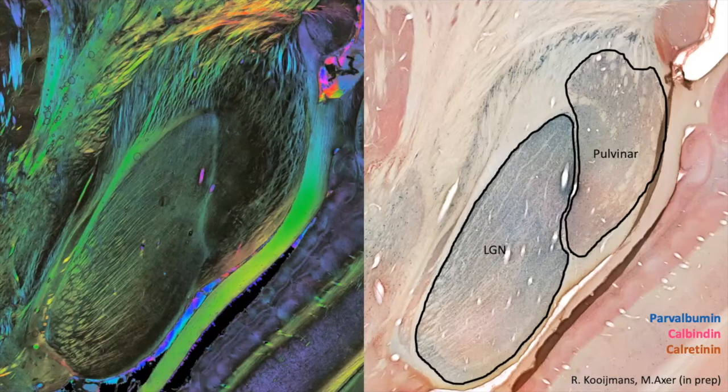And on the right-hand side, you see the same section post-stained by means of immunohistochemistry, and you can see 3 different colors. Each color has stained one of those calcium binding proteins.